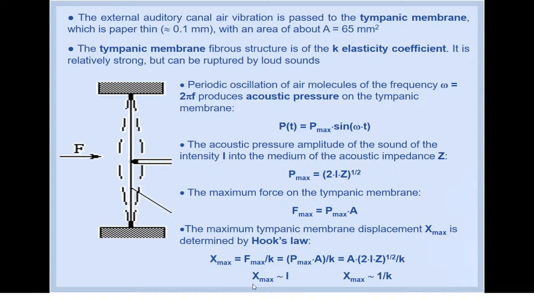You can see the maximum displacement of the tympanic membrane is directly proportional to the intensity, and it is inversely proportional to the elasticity coefficient. This is regulated, and the membrane is protected from rupture, by the muscles that are attached to the opposite ends of the tympanic membranes.